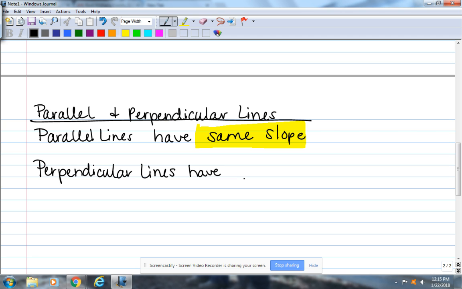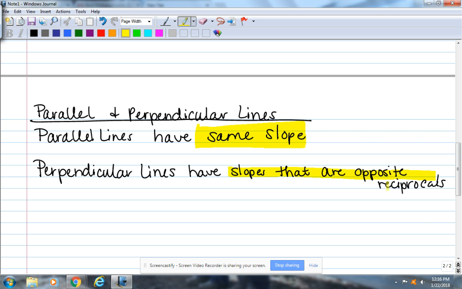So perpendicular line slopes are going to be negative reciprocals of each other. Some people say opposite reciprocal, which is basically the same thing. I actually like that phrase better. So let's just talk about what an opposite or a negative reciprocal is.